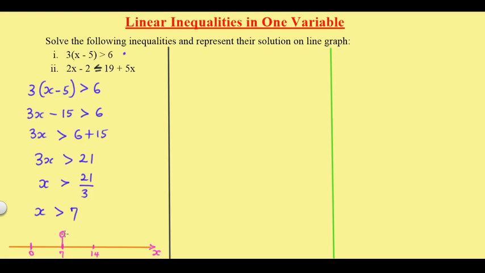That is, the value that satisfies this condition for x must be greater than 7. And that is how we represent it using a number line, saying x greater than 7. Fantastic. Let's look at the second problem.